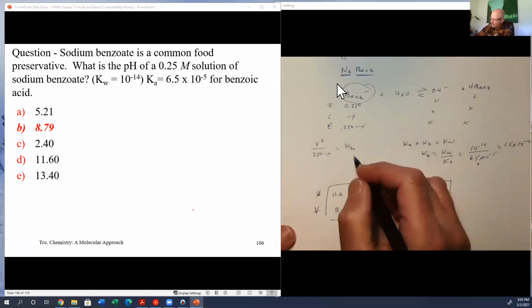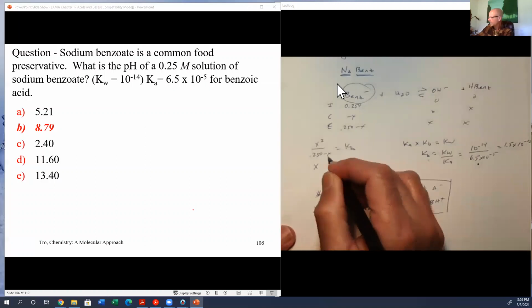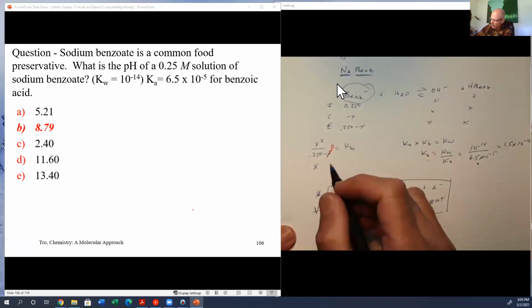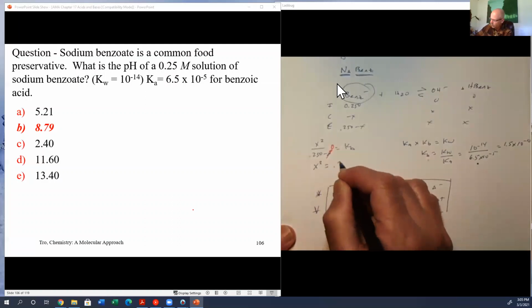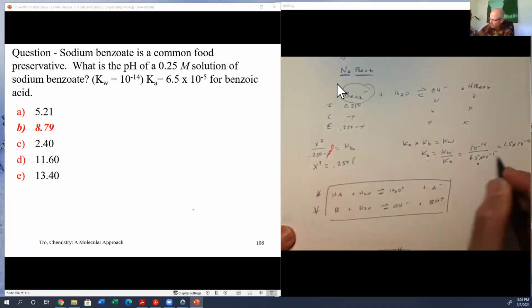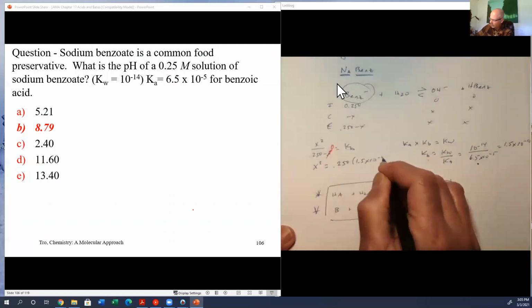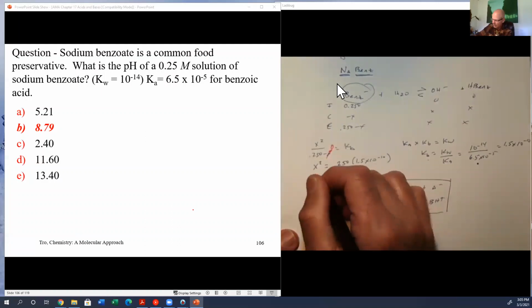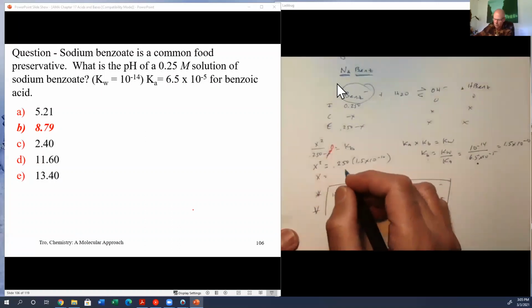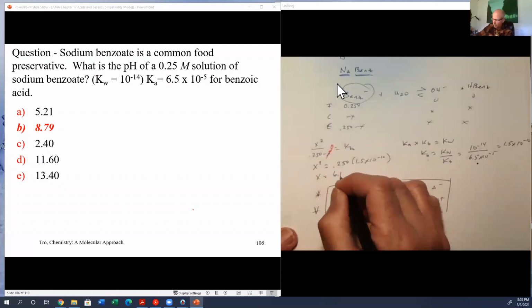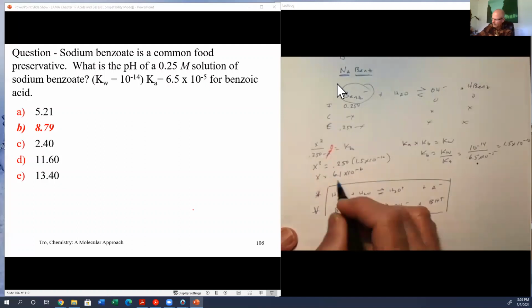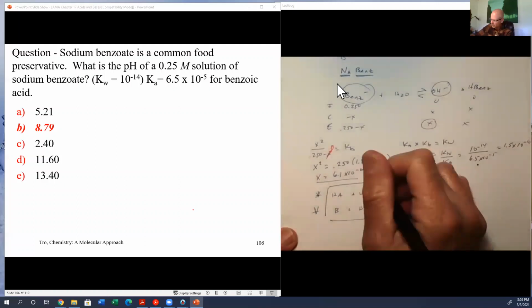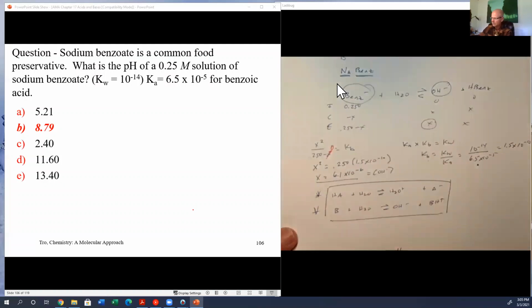So you make the small x approximation, right? You can do that because look at how small Kb is. So x squared is equal to 0.250 times 1.5 times 10 to the minus 10, and x turns out to be 6.1 times 10 to the minus 6. And of course, x is equal to the OH minus concentration.